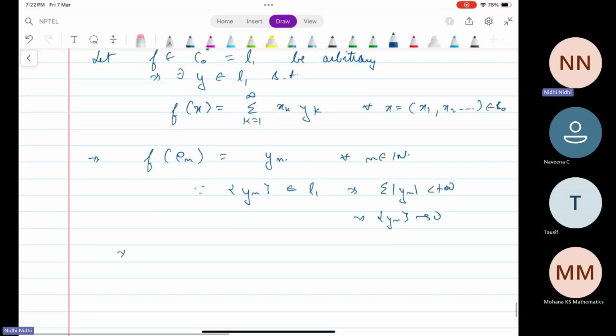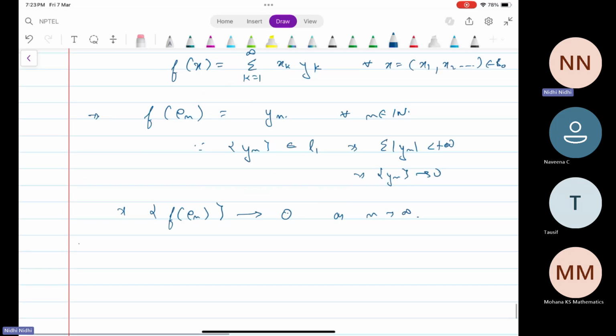This implies f(en) converges to 0 as n tends to infinity. And since f belonging to c naught star is arbitrary, we get en converges weakly to 0 in c naught.